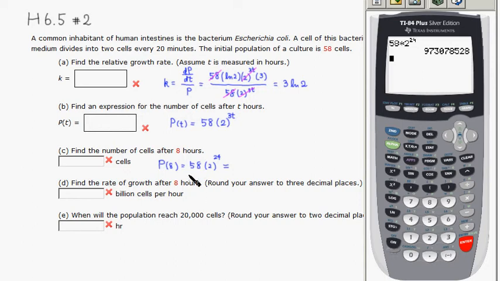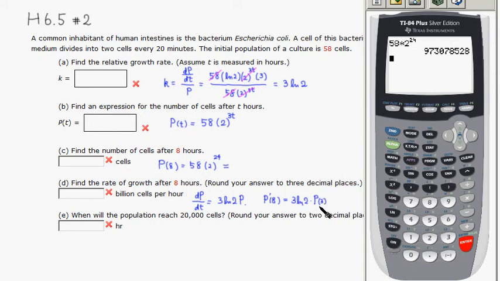Since the relative rate of growth is 3 natural log of 2, remember that dP over dt is equal to k times P. So k is 3 natural log of 2, times P. If you are looking for P prime of 8, it's exactly the same thing as 3 natural log of 2 times P of 8.